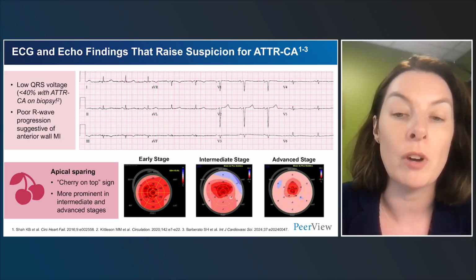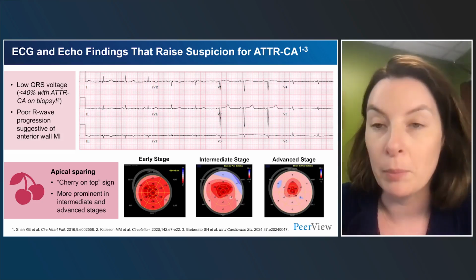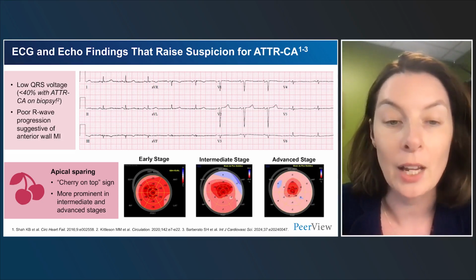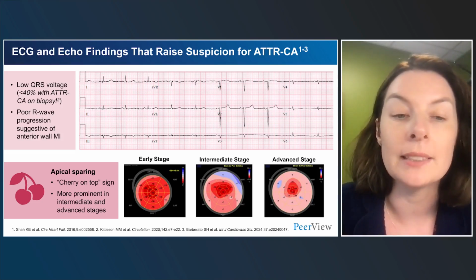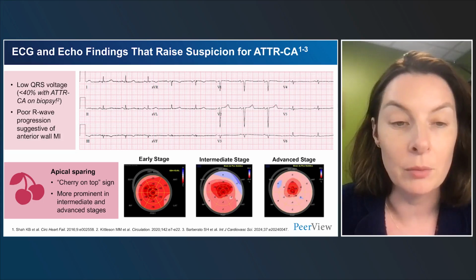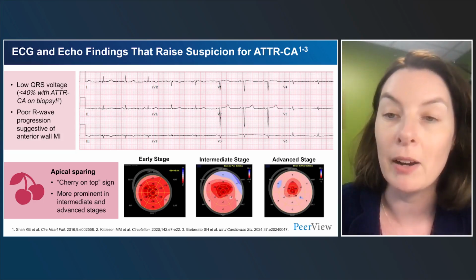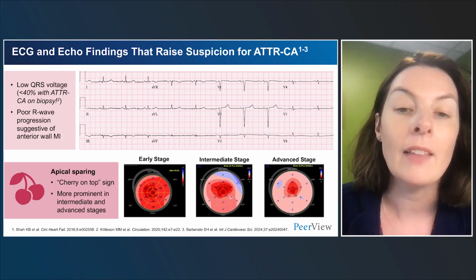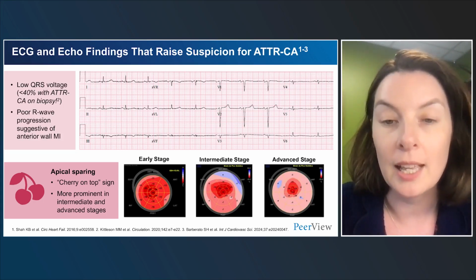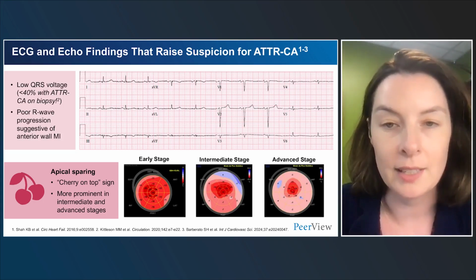If you can do strain, that can really increase the sensitivity for picking up cardiac amyloidosis using echo. Here we see examples of an abnormal strain pattern, what we describe as the apical sparing pattern or cherry on top. This can often become more prominent as the disease becomes more advanced.